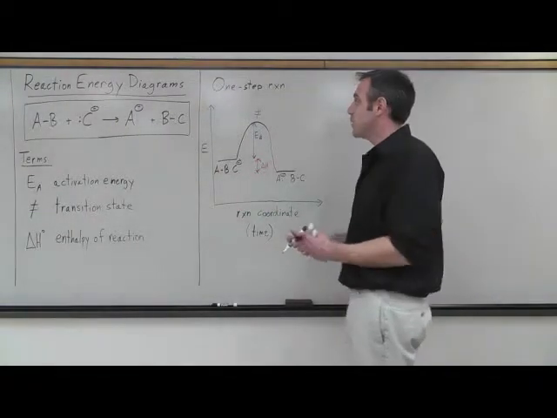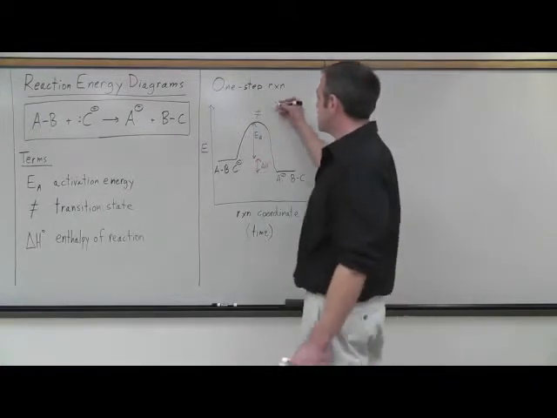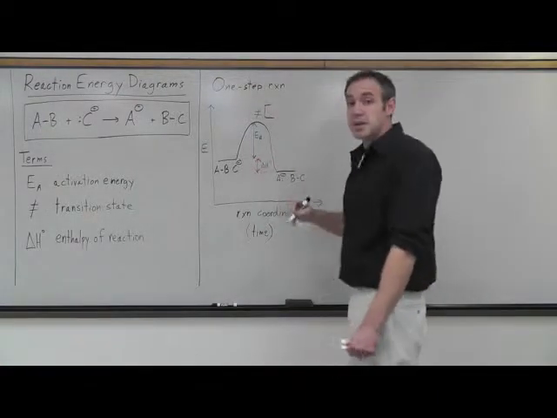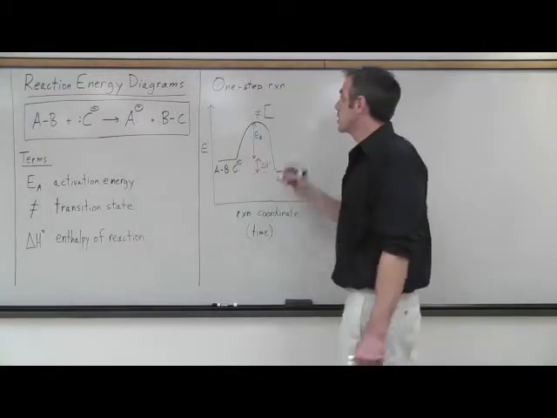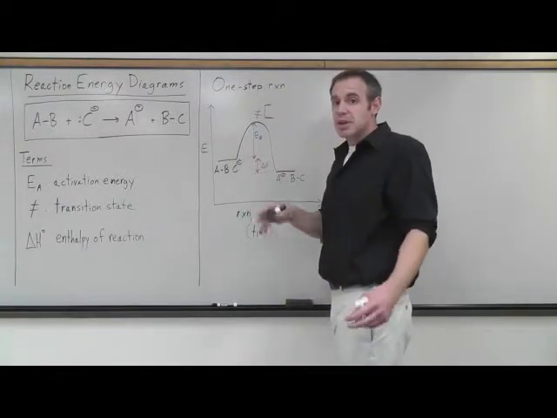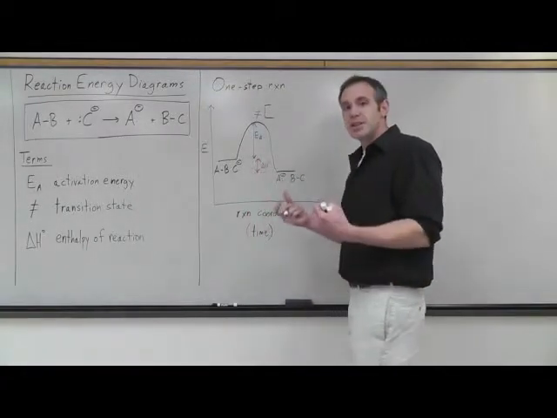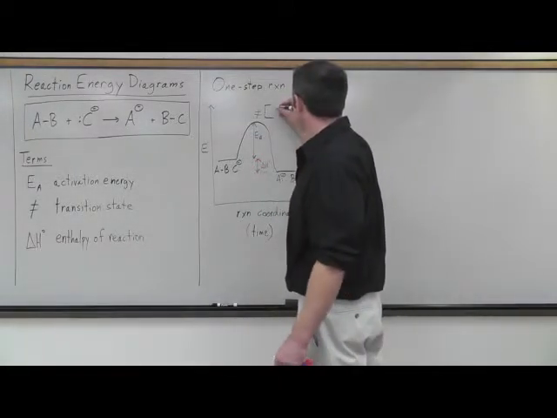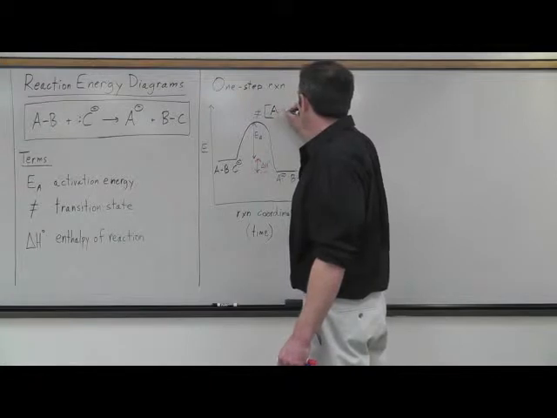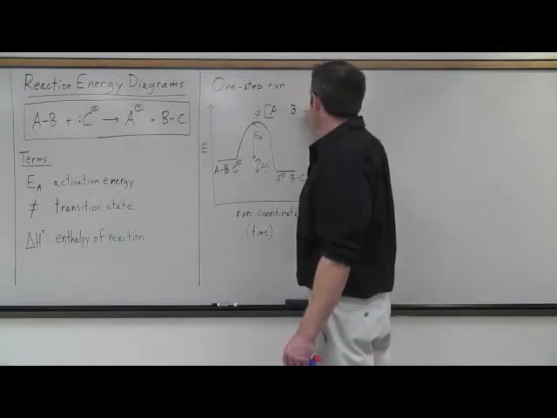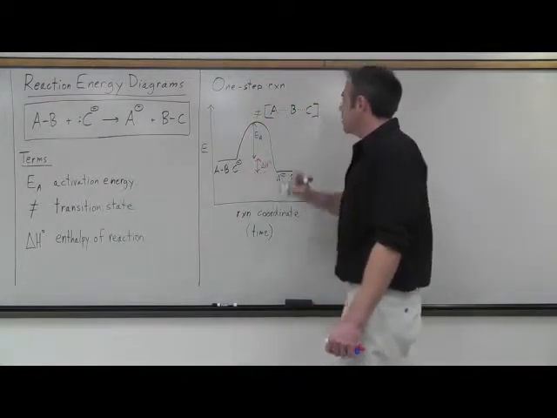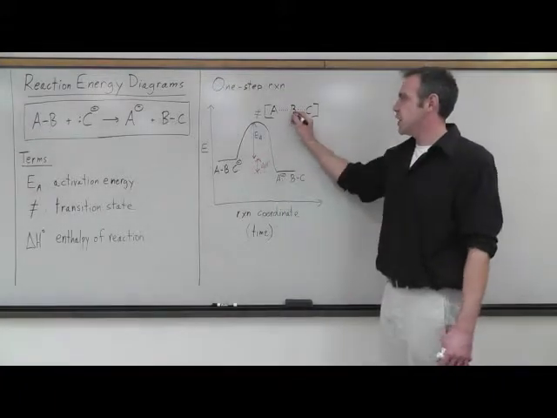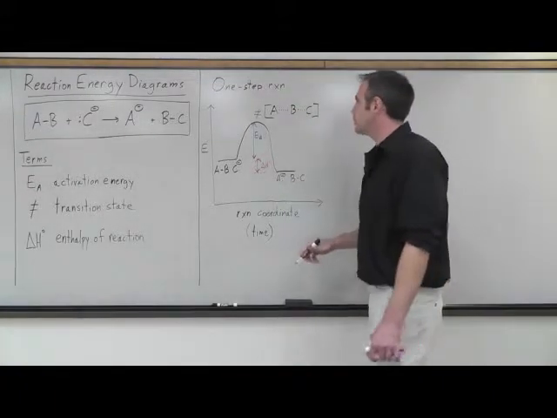Hence, it's a one-step reaction. In the transition state, we can envision a species that would be quite unstable because it has partial bonds instead of concrete sigma bonds. We can represent that structure with dashed lines, a partial bond.